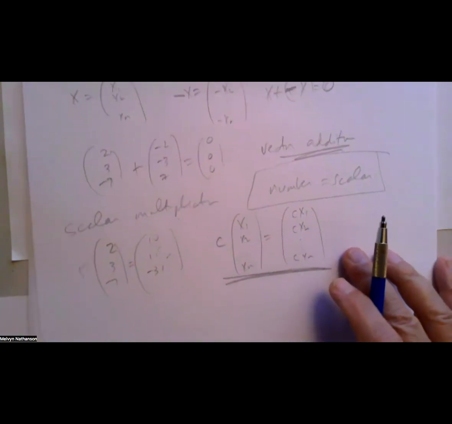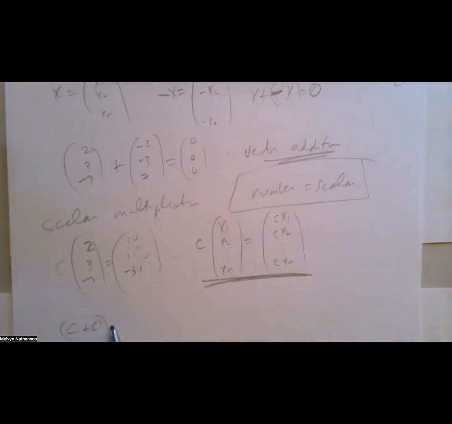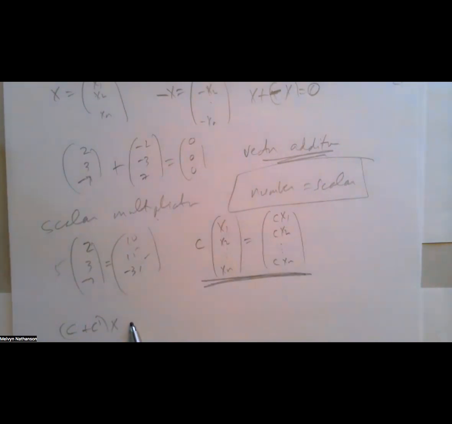And scalar multiplication has very nice properties. For example, you have the distributive laws. If you take two scalars, c plus c prime, and you multiply by a vector x, that's cx plus c prime x.